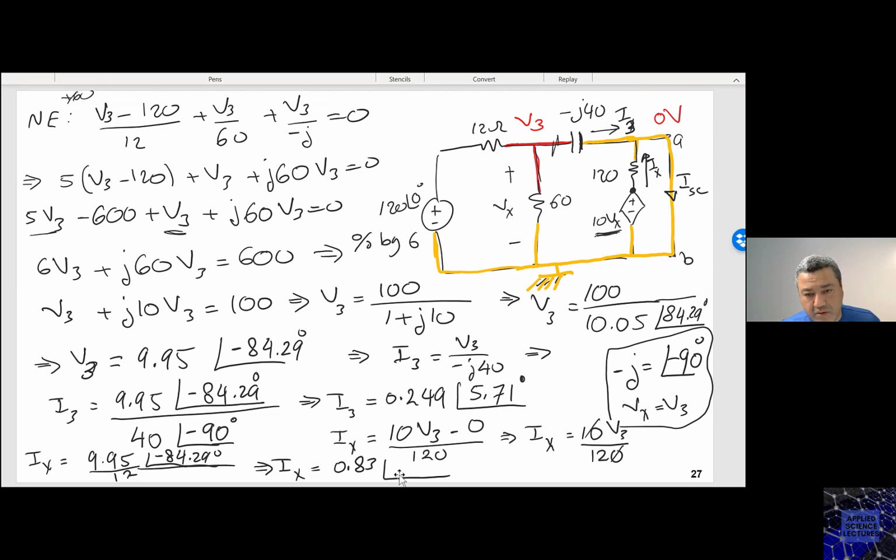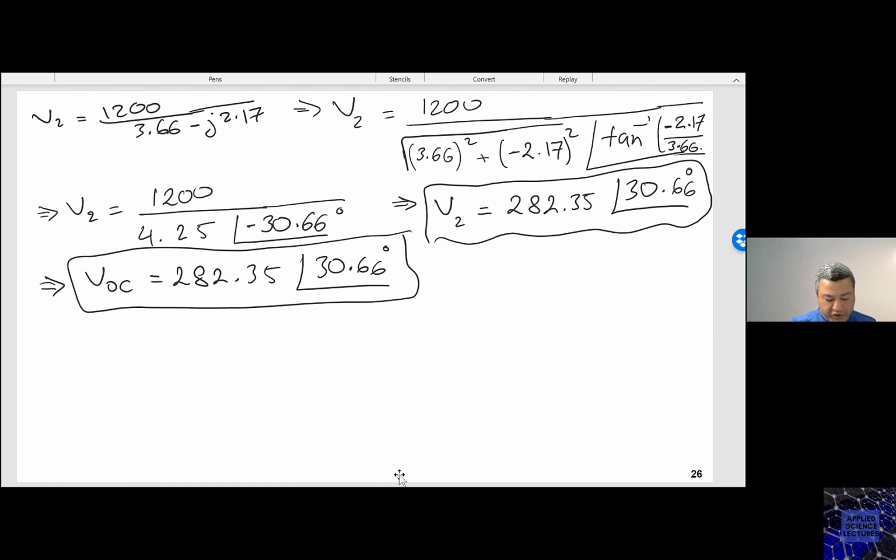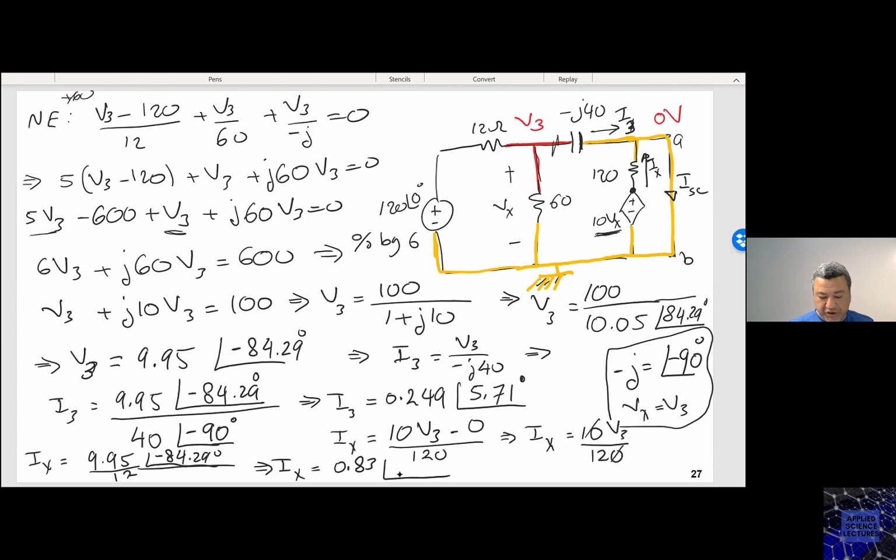What were the values you got for the open circuit? 282.35 with an angle of 30.66 degrees, which is now zero because of that short circuit. Right?